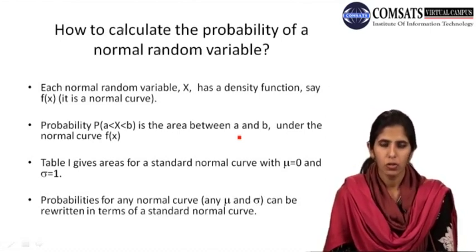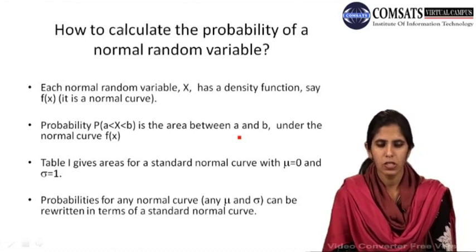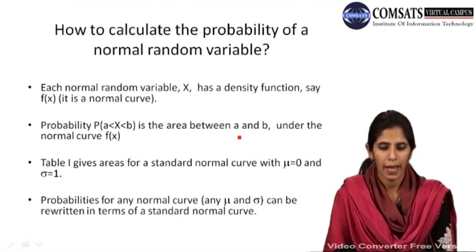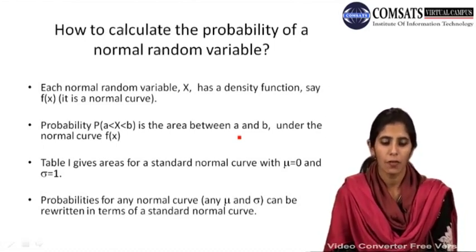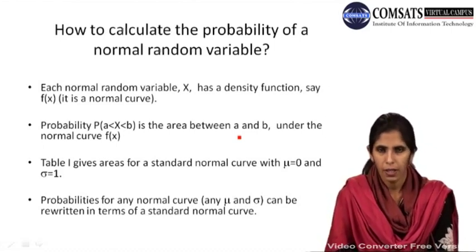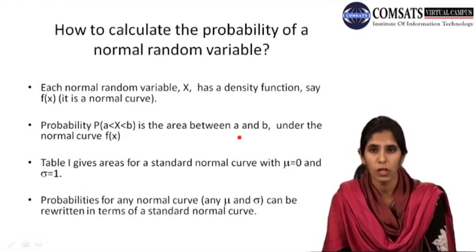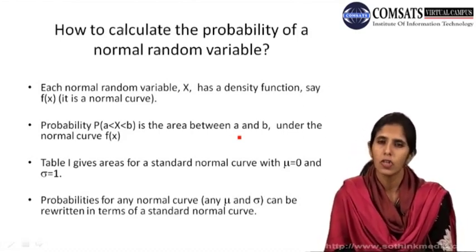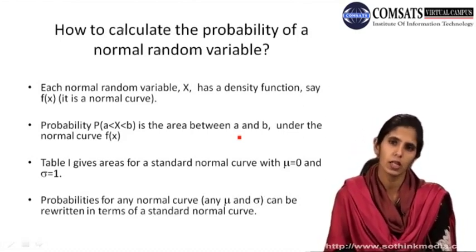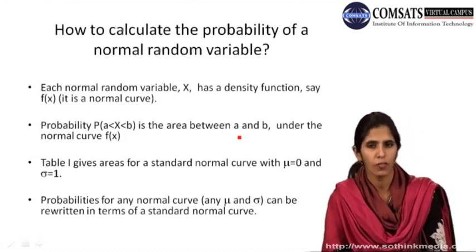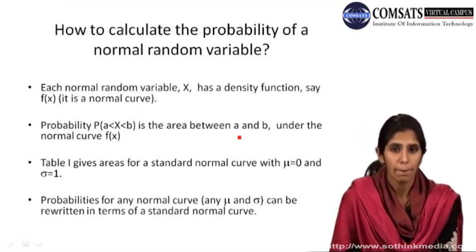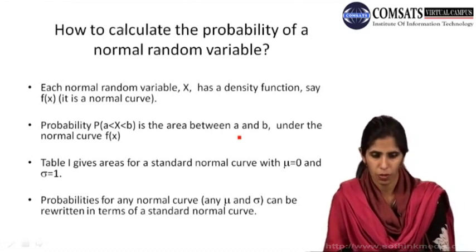Now for that we need to keep in mind a few points. At first, each normal random variable x has a density function, say f of x, which is a normal curve. Every random variable x has a density function represented by f of x, which is usually described by the frequency of x appearing in the given set of observations.